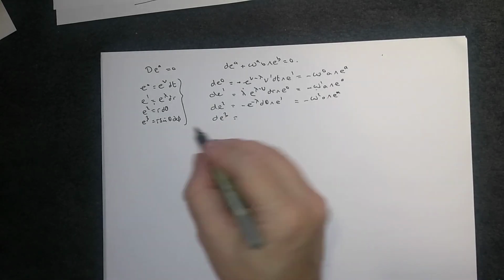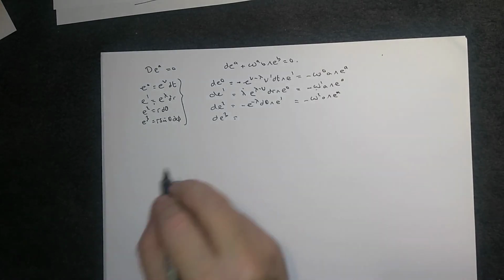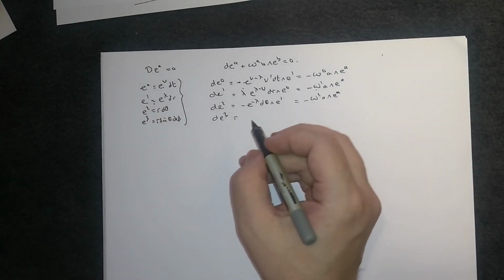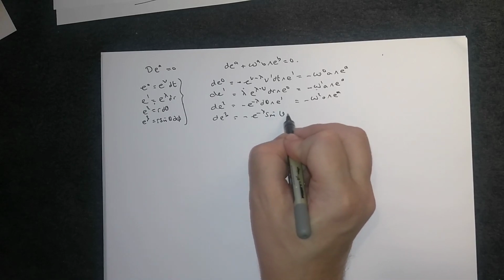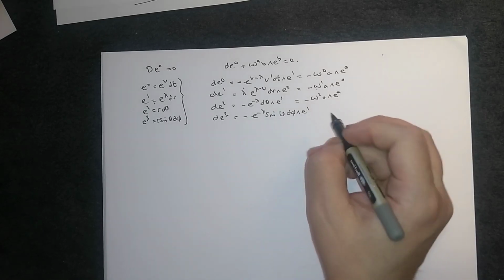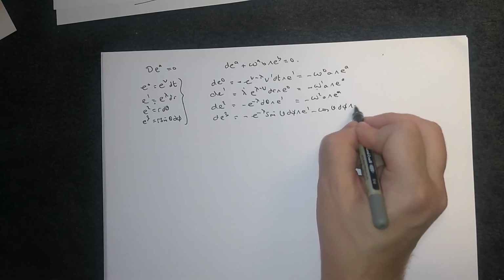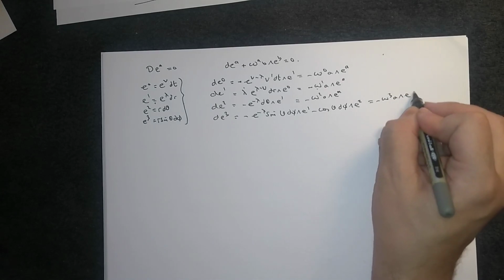DE3 is dr times sin theta wedge d phi plus r cos theta d theta wedge d phi, which I can write as that thing minus cos theta d phi wedge E2, and that's minus omega 3a wedge EA.